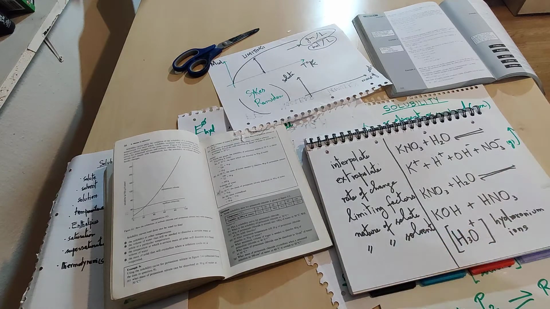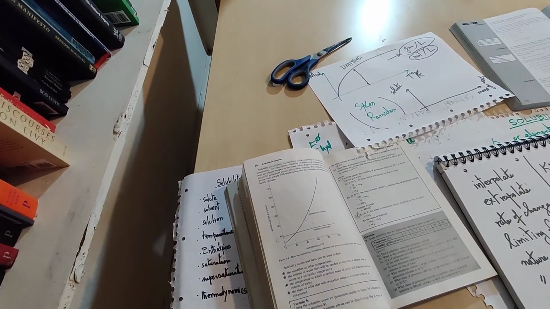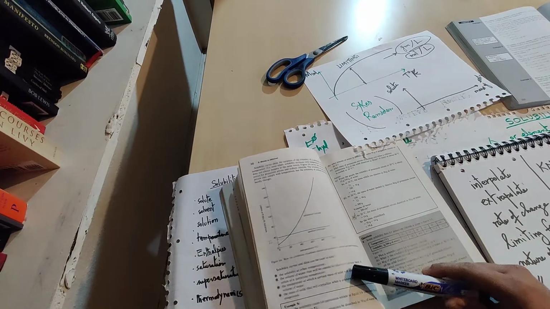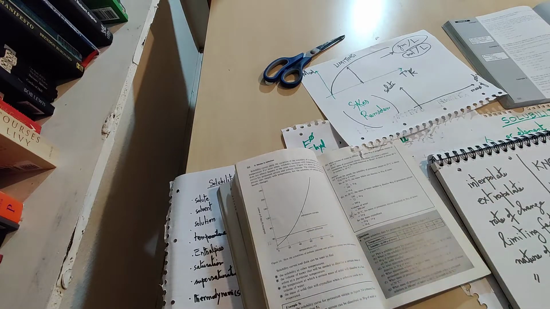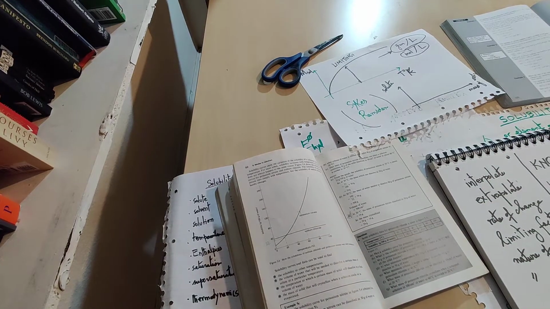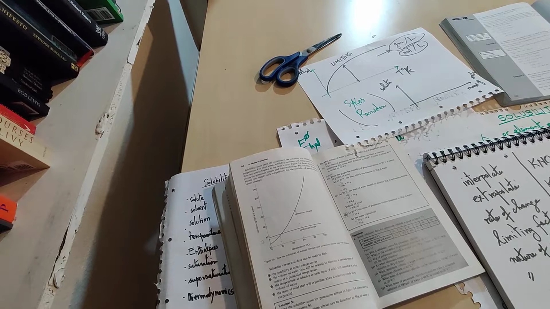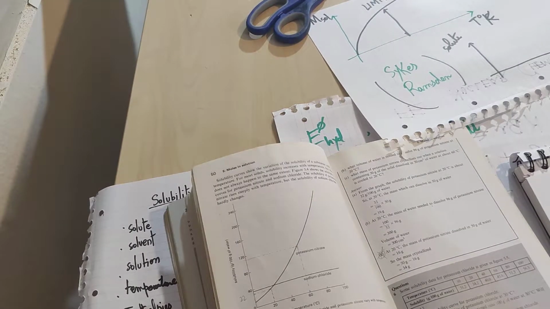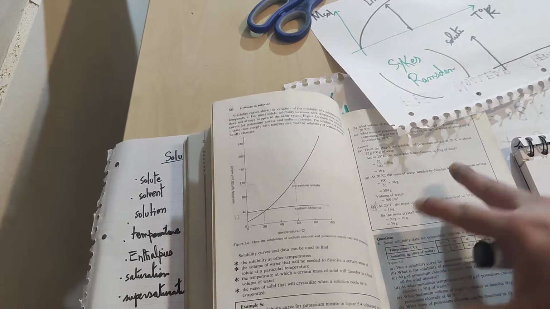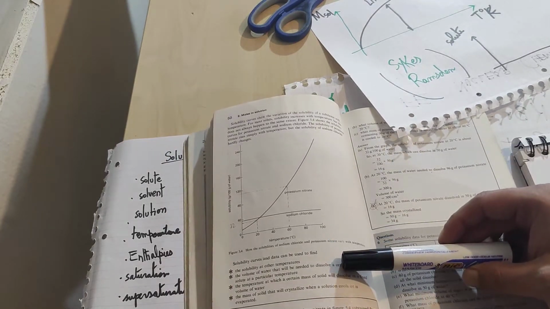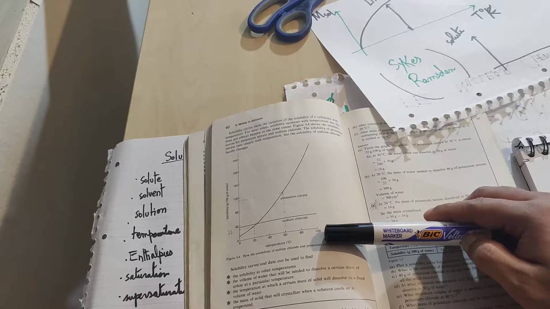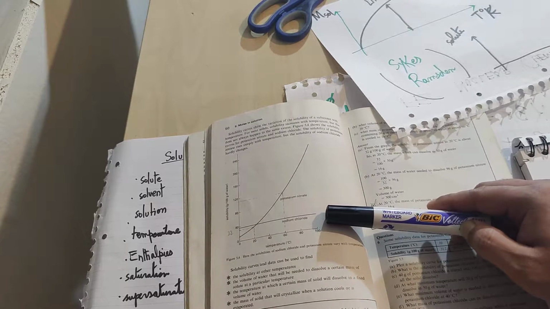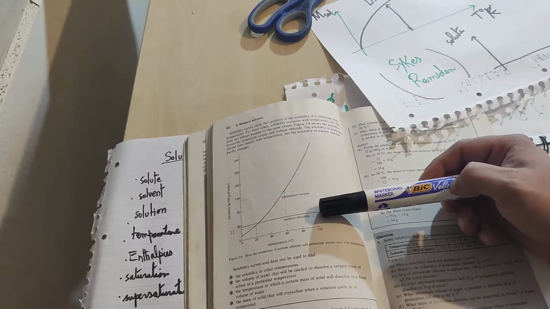So it asks you, so we need to keep an eye on this curve, this one here. In this particular curve, overall it's 100, and they have a control in here, which is sodium chloride, and they've added the potassium nitrate.